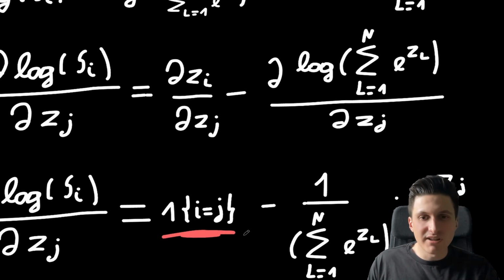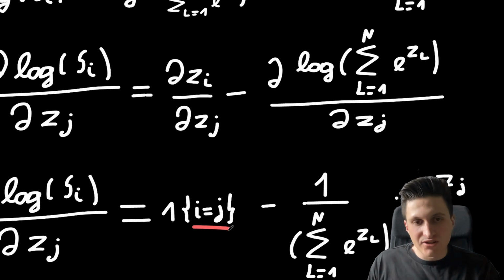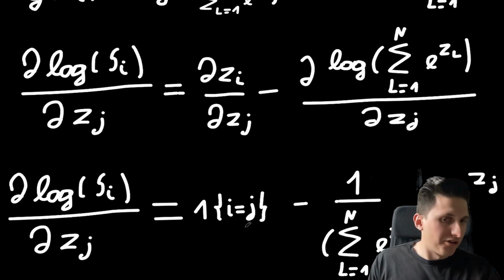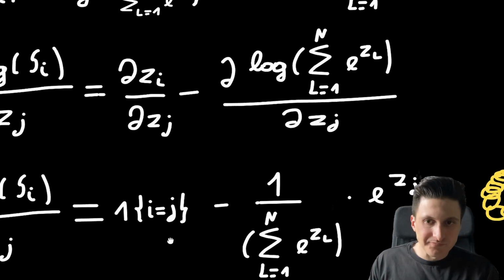So it will be 1 if I is j, and in the other case, this part will be 0.